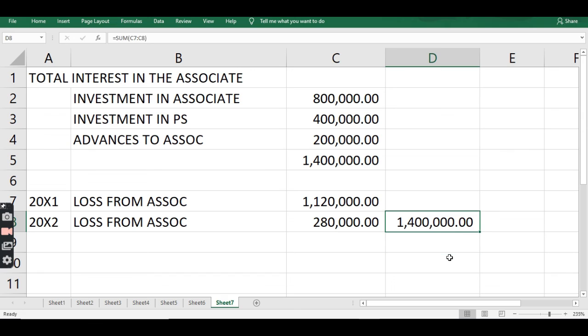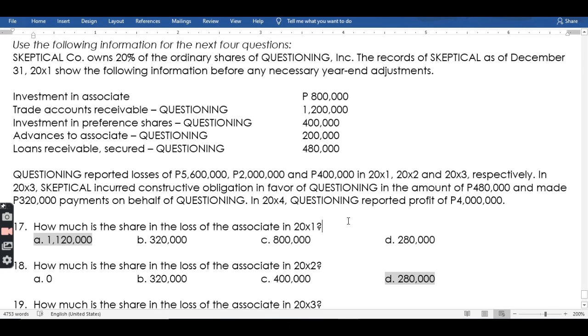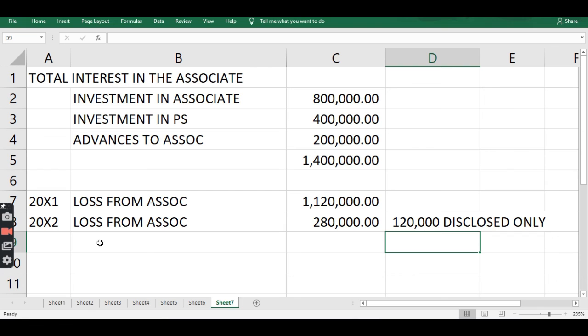Tapos, meron tayong magkano yung hindi na-recognize? 120. Okay? 120,000 disclosed only. Kasi hindi natin ma-absorb yun. Okay, so tama na, 120,000 ngayon yung hindi pa na-recognize.